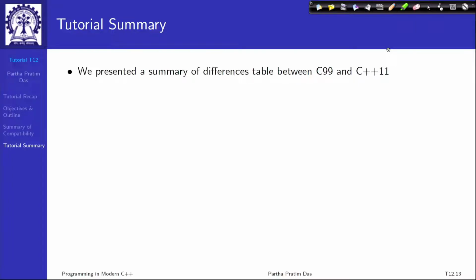So, what we have done is we have summarized in a very brief couple of slides all significant differences between C99 and C++11 primarily. At times we have digressed to C89 or to C++03 or even C++2x, and certainly many of these are very important to remember, and some of these are not so frequently occurring.